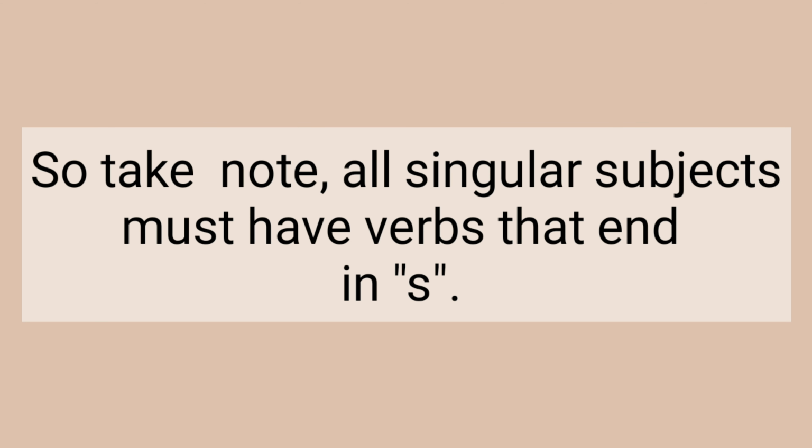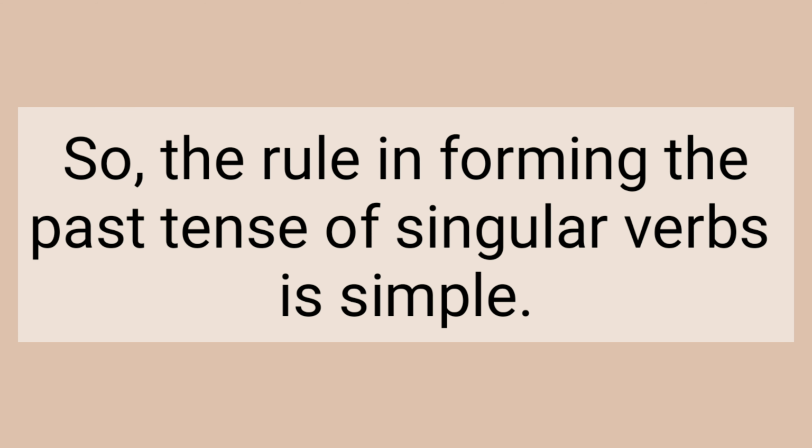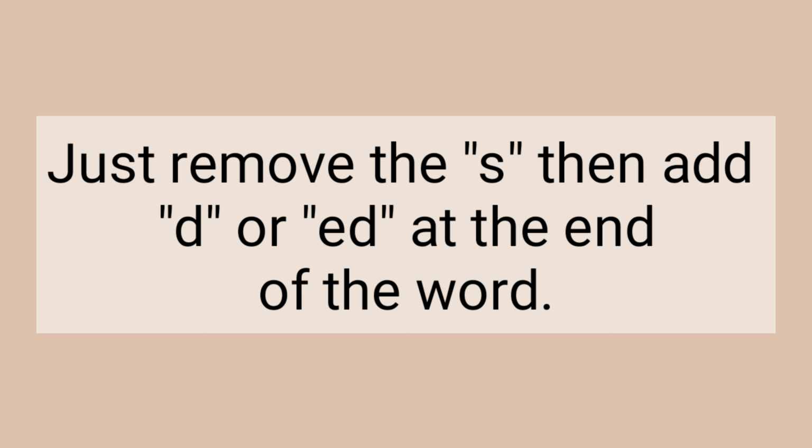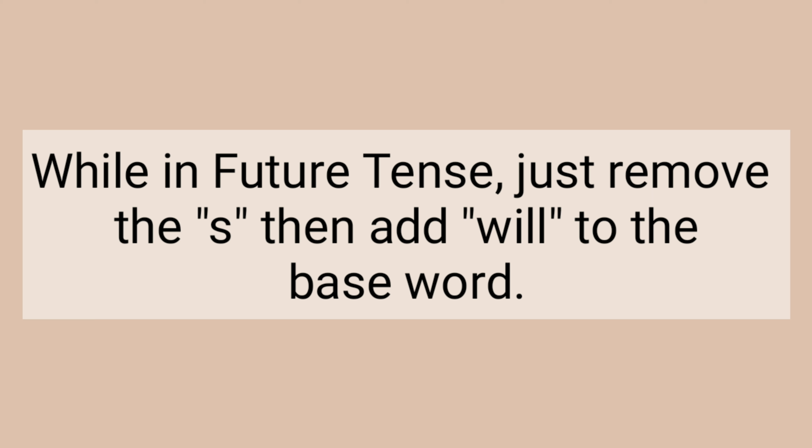So, take note, all singular subjects must have verbs that end in S. So the rule in forming the past tense of singular verbs is simple. Just remove the S, then add D or ED at the end of the word. While in future tense, just remove the S, then add will to the base word.